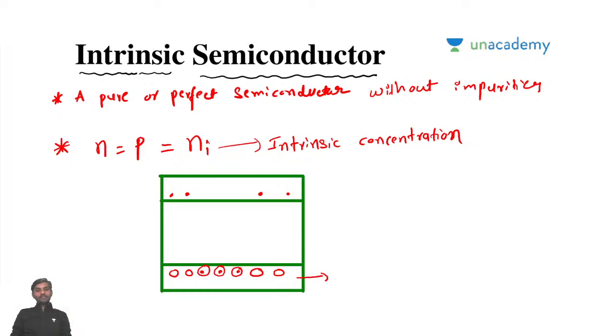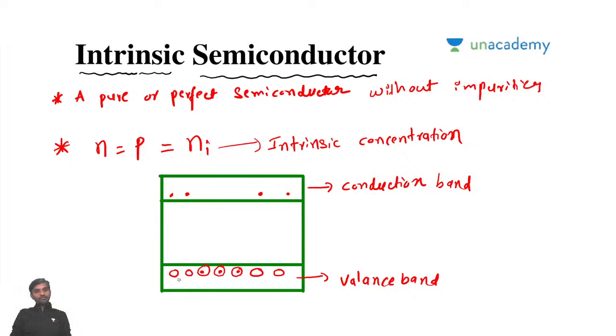So this is the valence band and this is the conduction band. If you look here, this represents the number of free electrons in the conduction band. You have 4 free electrons here.